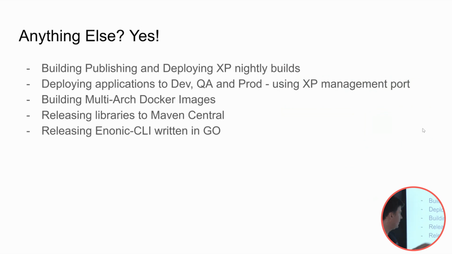We also release the libraries to Maven Central. You probably have noticed we recently started to publish our libraries, the jar files, into Maven Central. We are not fully automating this, because this central repository is sometimes wacky, but it's there, and we do it again with the GitHub automations.